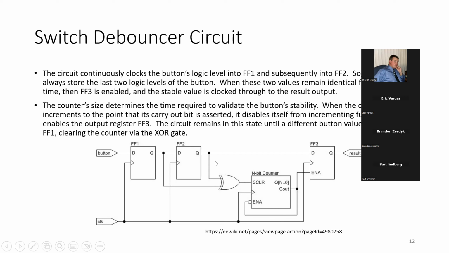This depends on your switch bouncing. I want to make sure that the two signals are stable and identical. So I am selecting the number of bits of the counter according to how long I need the two signals to be stable and identical.